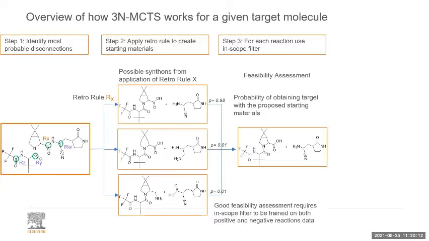But since the model creation is very fast, we could easily use your data or other customers' own data to retrain the model quickly. In fact, we are talking to customers today already to check whether they would like us to use their ELN data that may contain negative reactions, and hence make the model more precise and successful. This is definitely something we will follow up with our customers later this year.